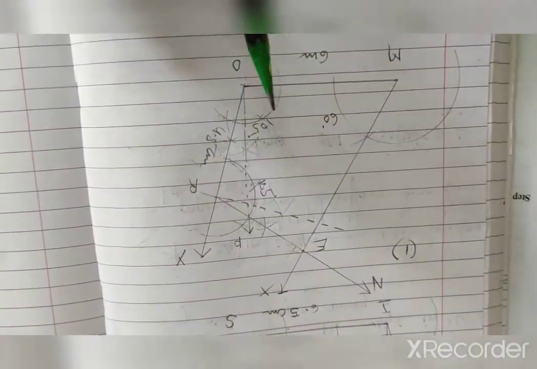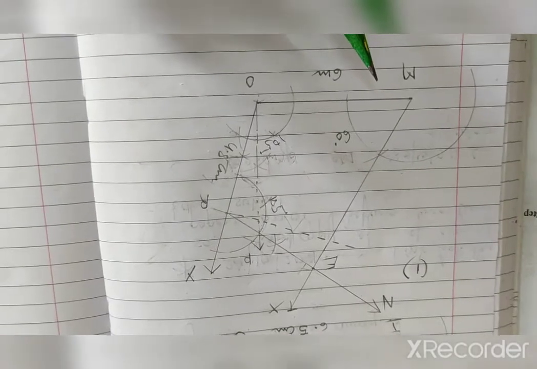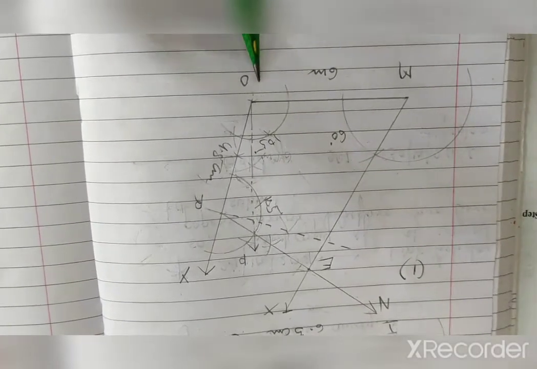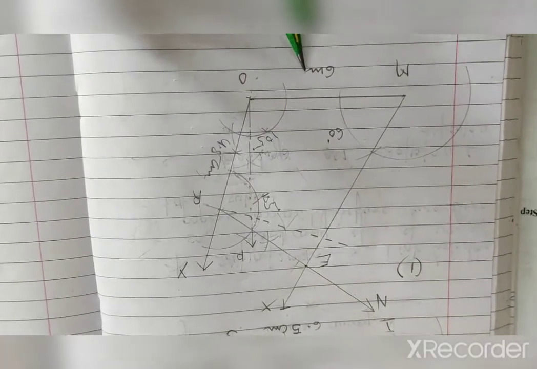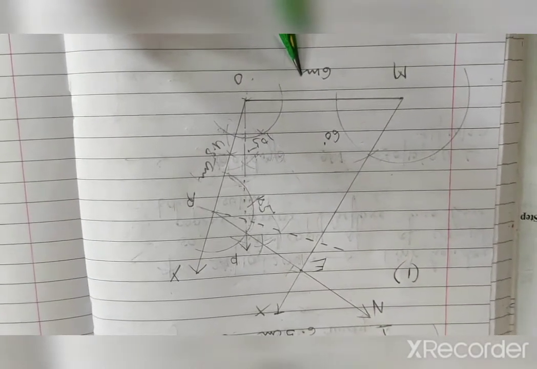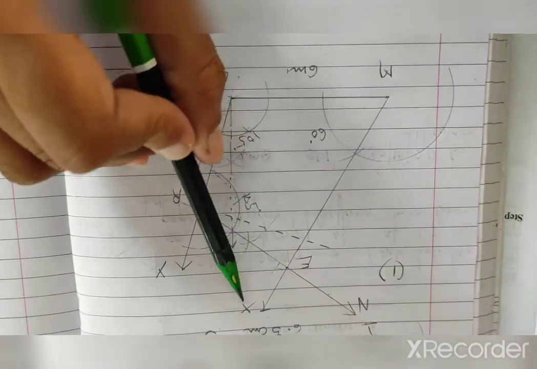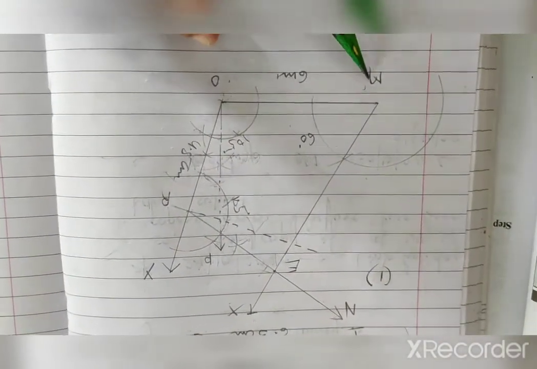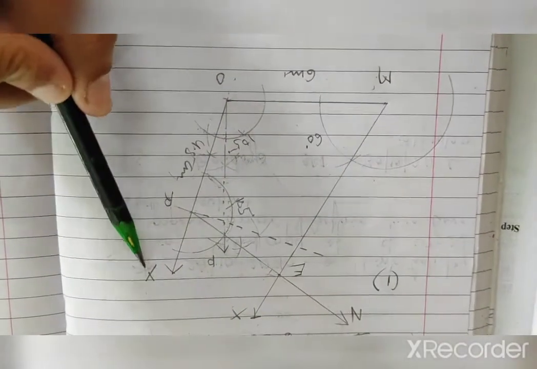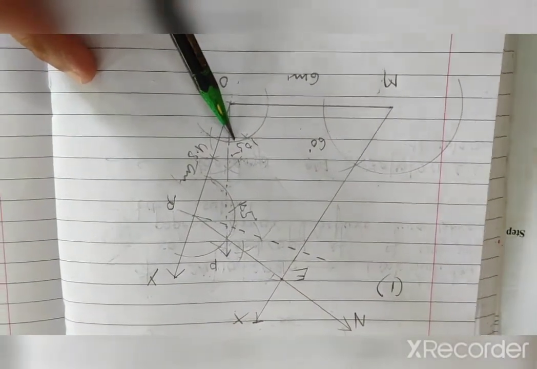So steps of construction: draw line segment MO with the help of a ruler, measurement 6 centimeter. Form an angle XMO 60 degree and MOY 105 degree.